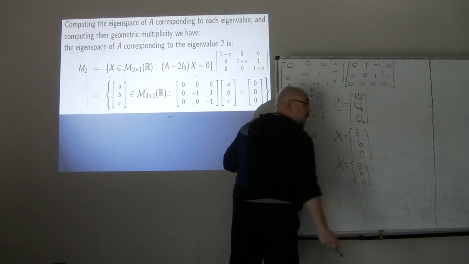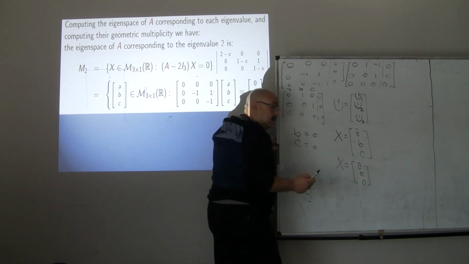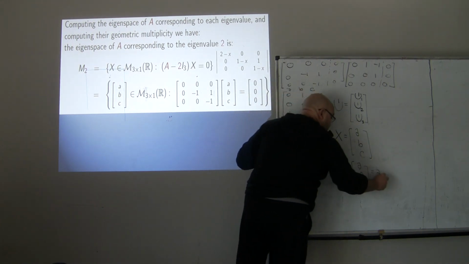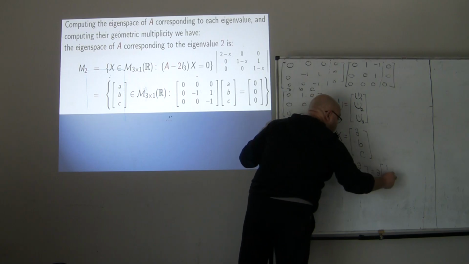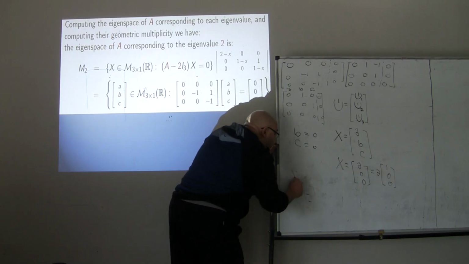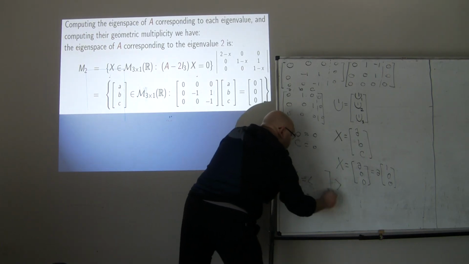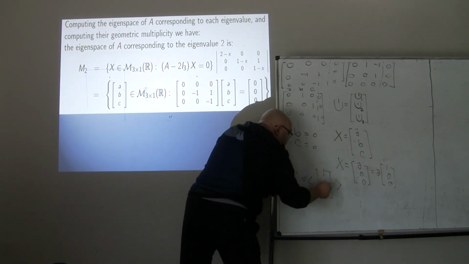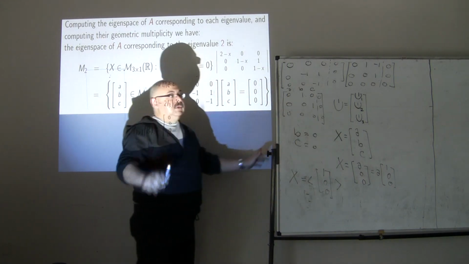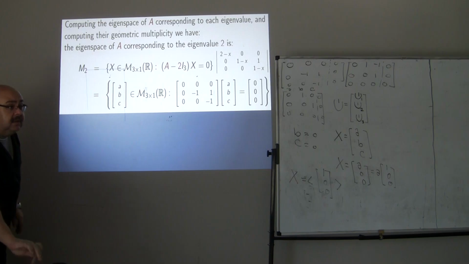Now I can take A as a common factor, so it's A times 1, 0, and 0. So the eigenvector 1, this is X, and the basis of this eigenspace is going to be 1, 0, and 0. Is it clear?